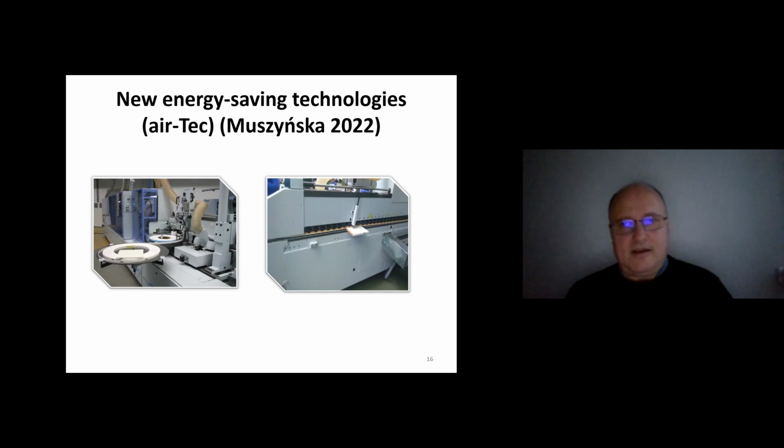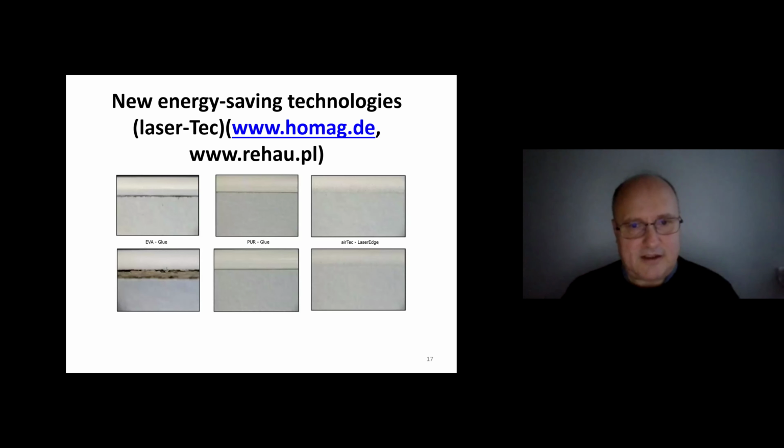But I cannot tell you more about the principles of this layer, because it is a special kind of polymer. And after activation, for example, using AirTech, we can activate this layer and we can use it for edge banding.